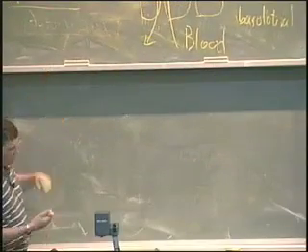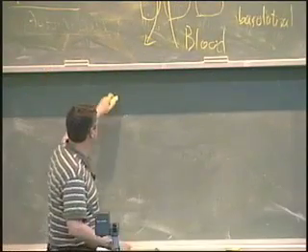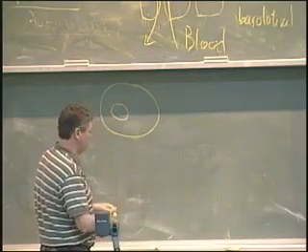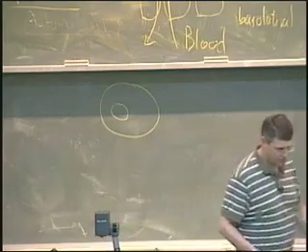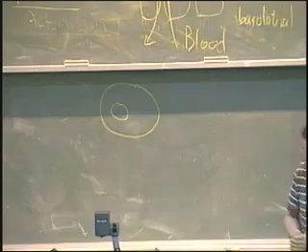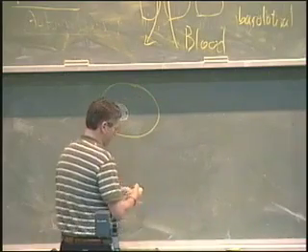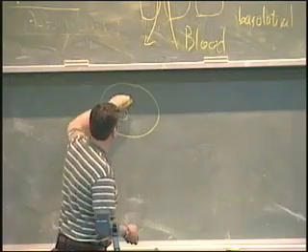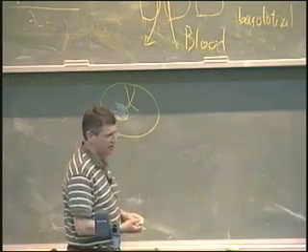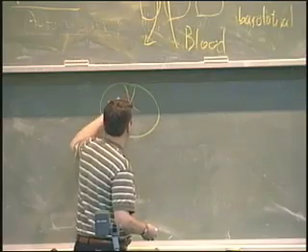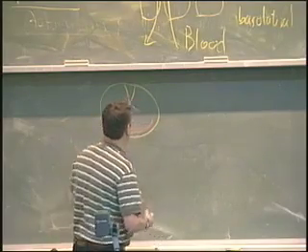One other example of internal organization is if you just look at a generic cell, you're used to seeing the nucleus. Nuclei are usually blue, right? And some cytoskeleton, and then there's various organelles like the Golgi apparatus and the ER and whatnot.